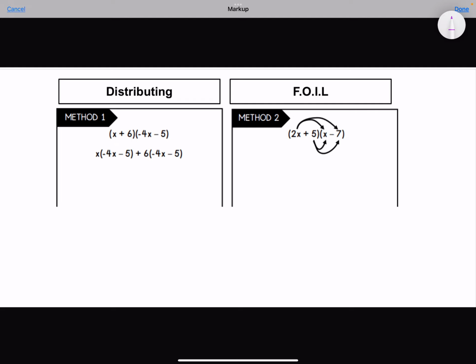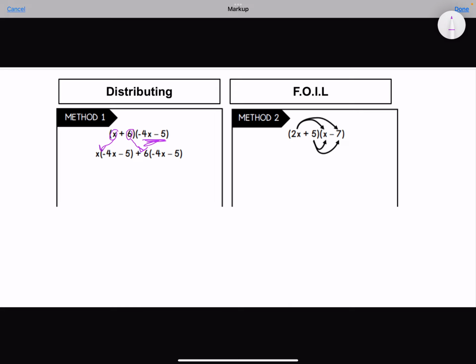But distributing, just like we distributed only one term to two. Here you're taking both of the first terms and you're distributing it by each term in the second.